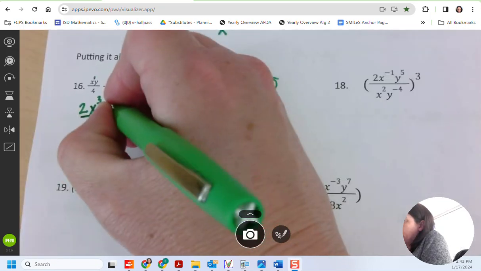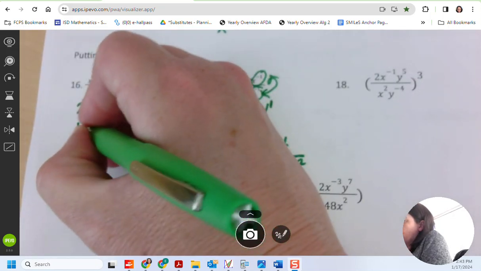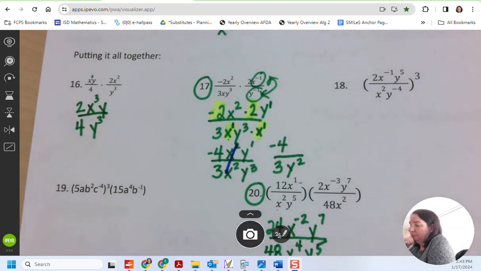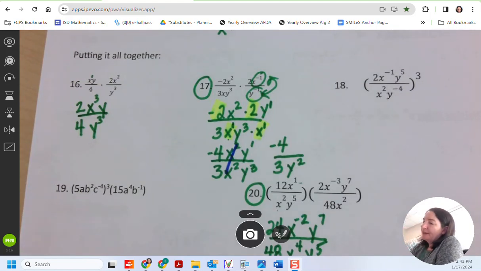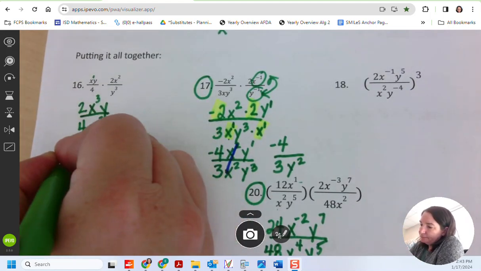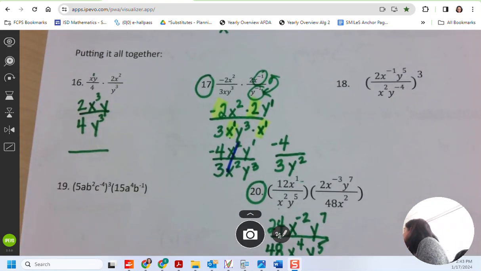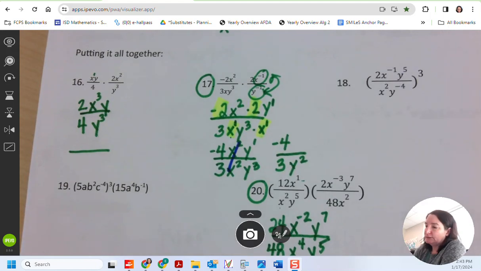Then we have y, and then over 4y to the 3. All right, then 2 over 4 simplifies to what fraction? 1/2, yes.